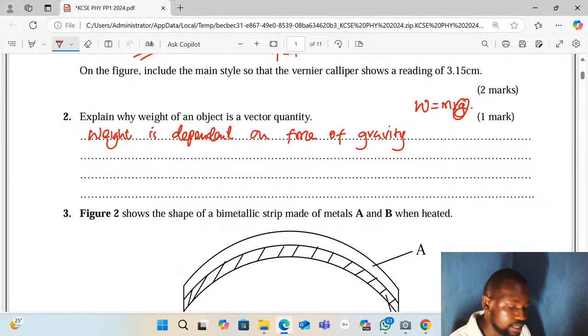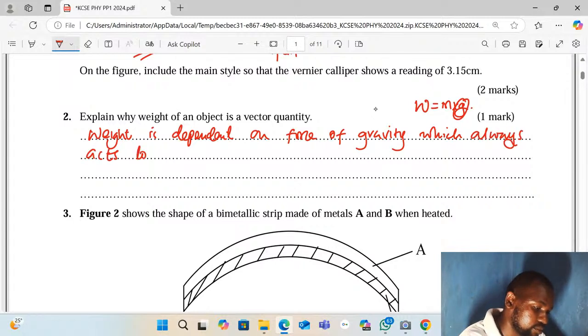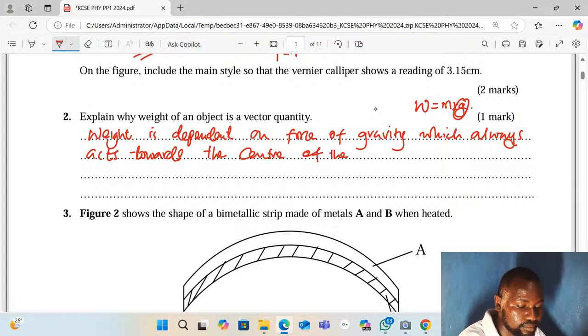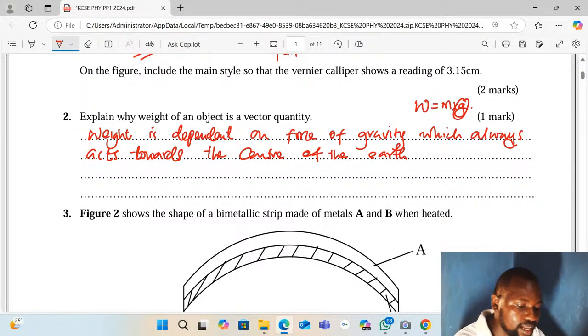And this one always acts towards the center of the earth. So this force acting towards the center of the earth is what gives this one the specification of a direction.